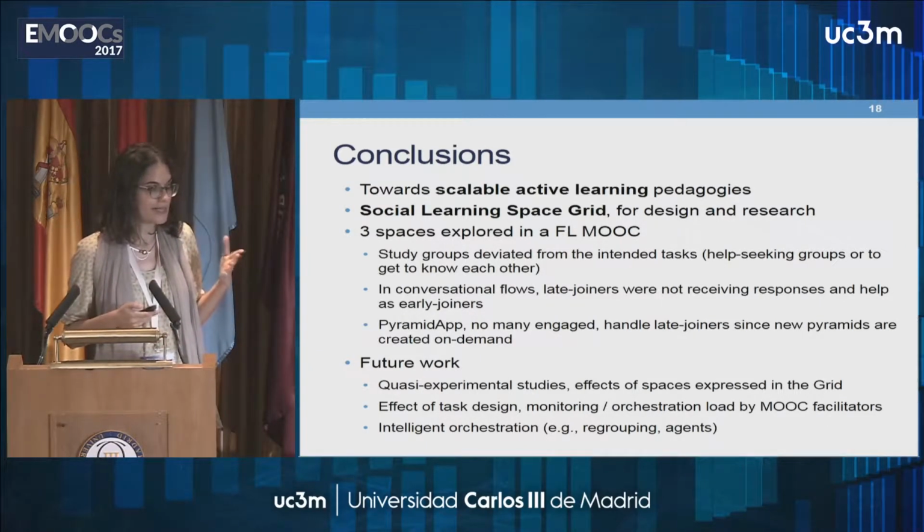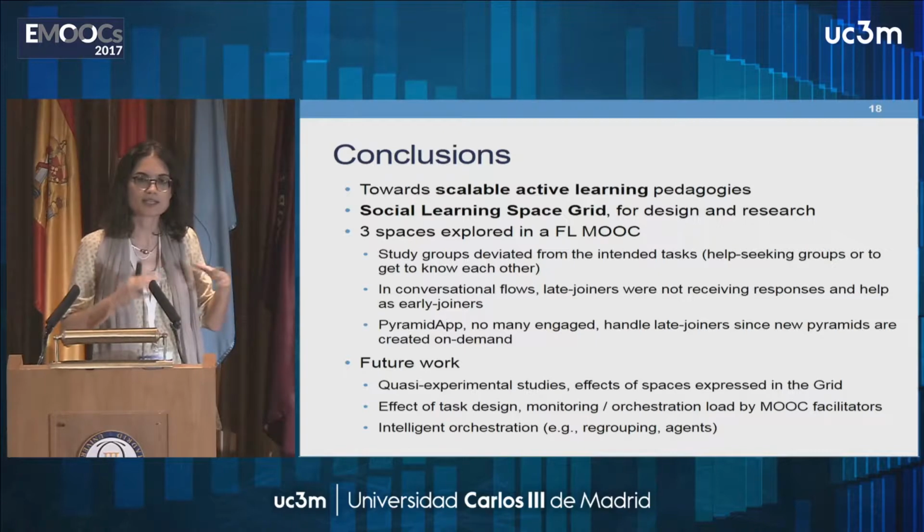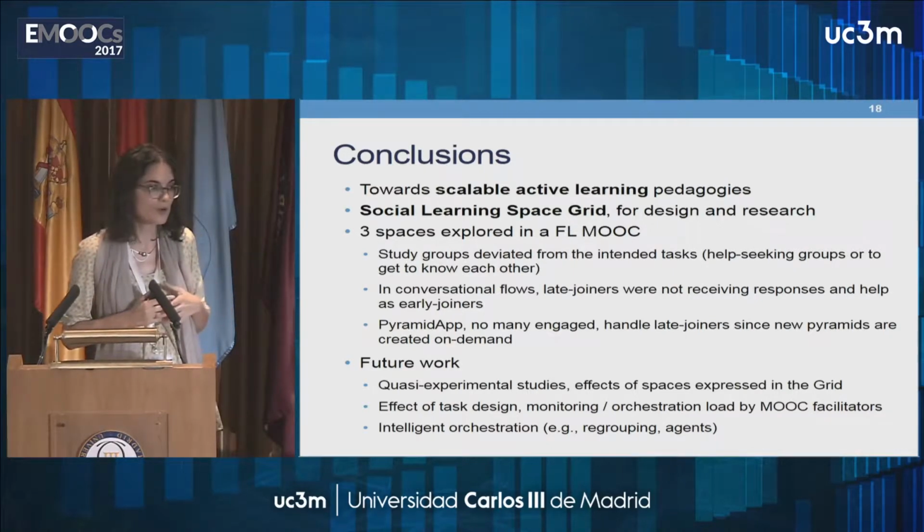So the social learning grid, we hope, is a framework that can serve both design purposes when designing the social learning spaces that we consider in a MOOC, but also to formulate research questions and compare the different opportunities for social learning in MOOCs.